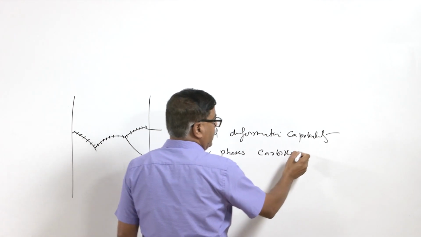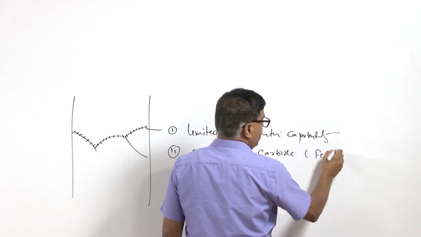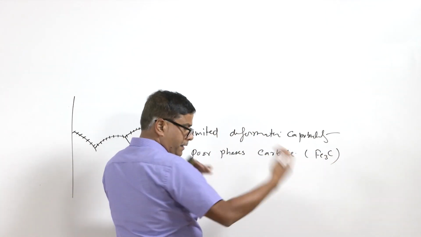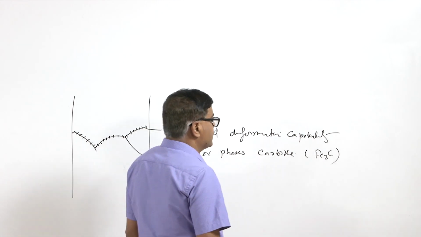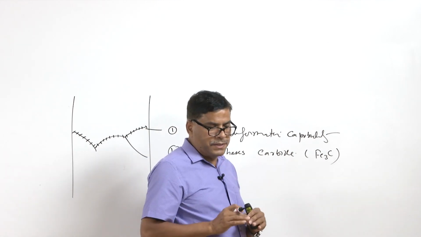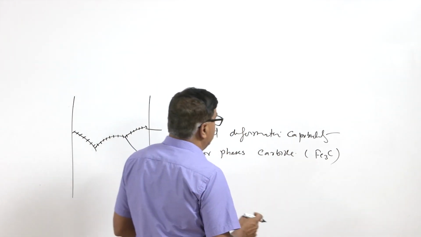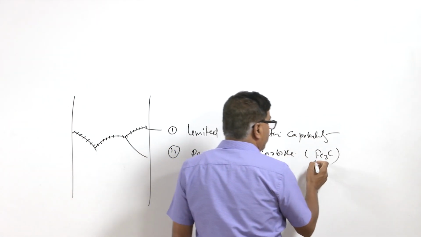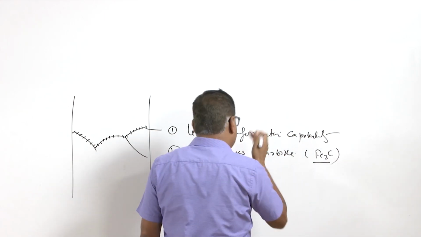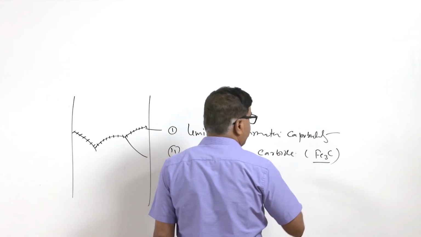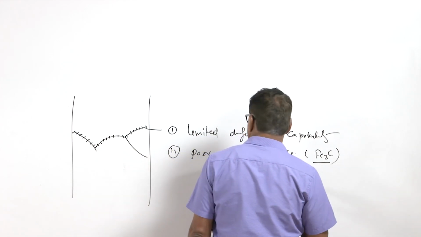In the iron carbon system, cementite is present as a network in the steel. Since cementite offers very low strength and very high hardness, it will tend to fail easily, and it also lowers the tensile strength of the steel.